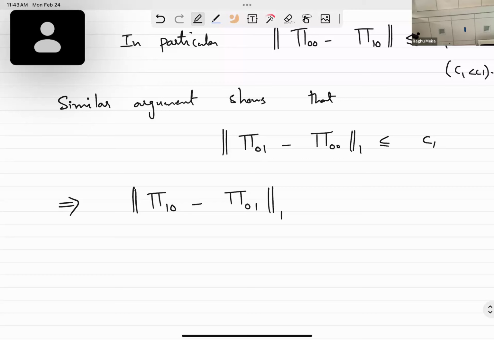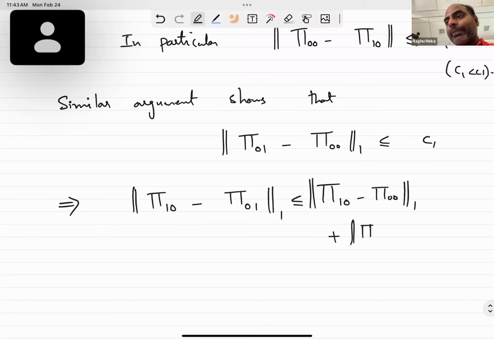So we use these two things together along with triangle inequality to say this is less than or equal to, okay.